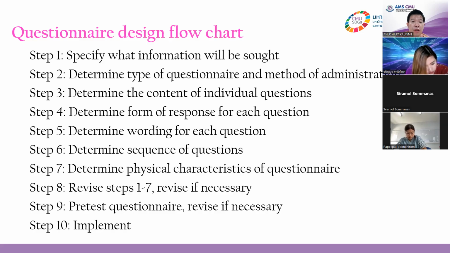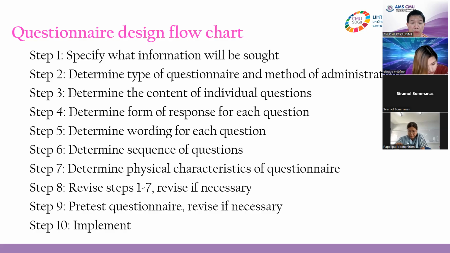Okay, determine the content of individual questions. Determine the form of response for each question. The response might be fixed with a 4 rating scale, 4 Likert scale, or 5 wording. Okay, not too much.